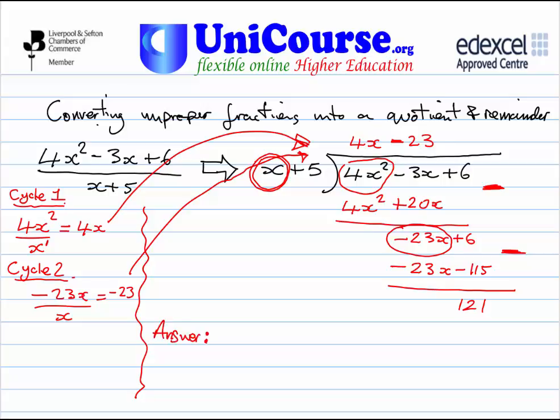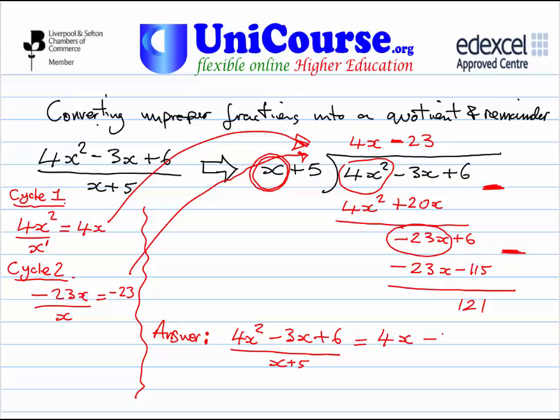Answer to the problem 4x squared minus 3x plus 6 over x plus 5 is, well, have a look at the top here to the answer that you were building. We've also got a remainder, so we have a quotient and a remainder. What you've built up the top here is 4x minus 23.